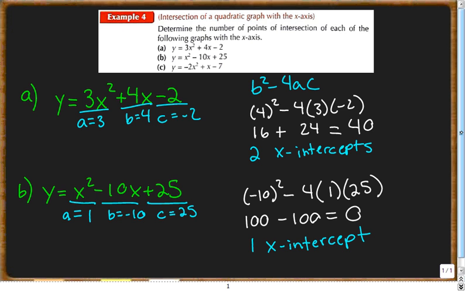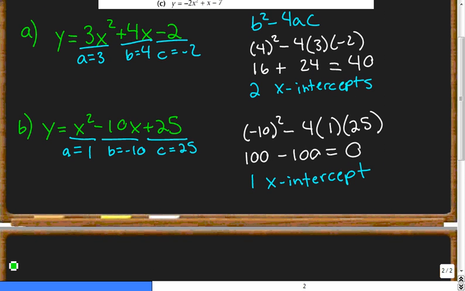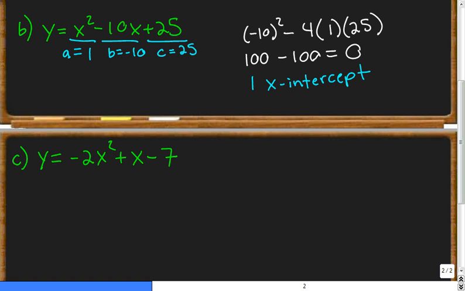Now the last one is y equals negative 2x squared plus x minus 7. So we're going to do the same process again. We need to figure out our A is negative 2, B equals 1, and C equals negative 7.